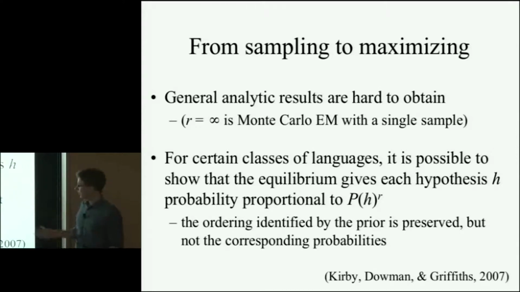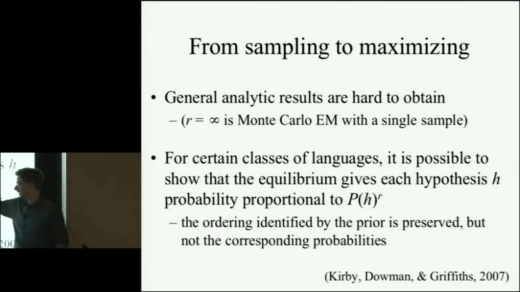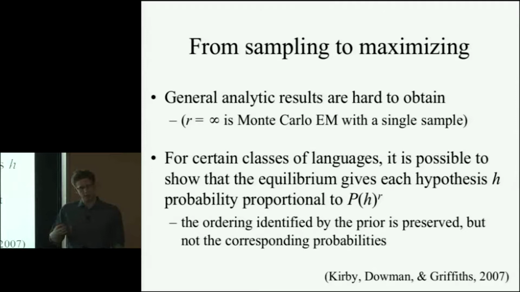But we were able to show, and this is work with Simon and with Mike Dowman, that for certain classes of languages, the equilibrium gives each hypothesis probability proportional to the prior probability raised to the exponent r. So whatever the ordering over hypotheses assumed by the prior will be preserved, but the extent to which you favor one hypothesis over another is changed based on how much you're moving towards choosing the hypothesis that has highest posterior probability.